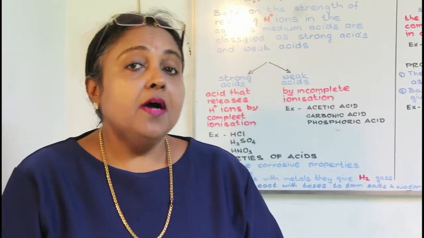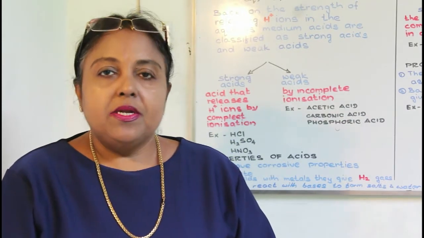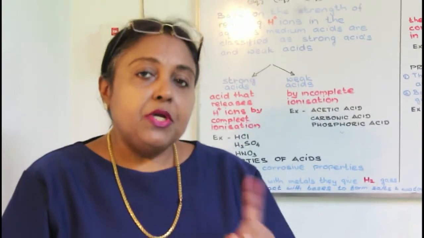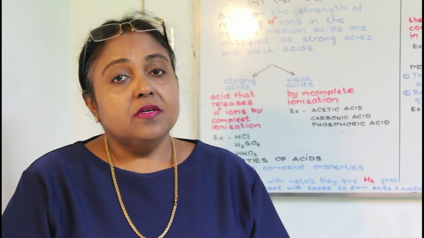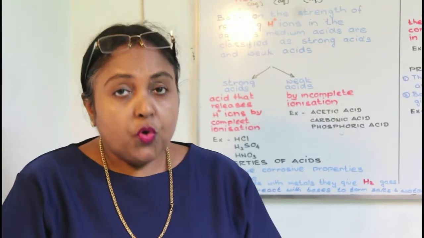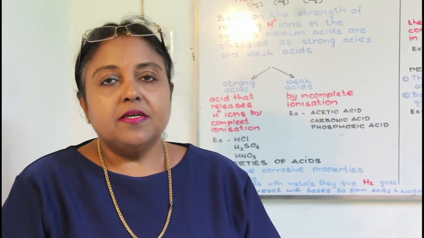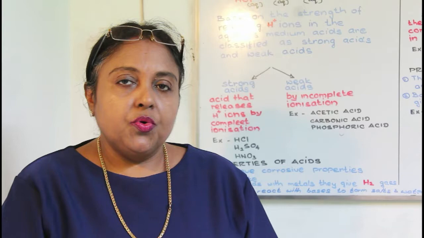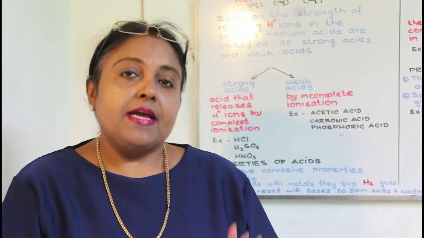As I told you, right, if pH value is 7, that means it's a neutral solution. If it is above 7, it belongs to bases. If it is below 7, it belongs to acids, right? The number 14, it gives the strong bases, and number 0, it gives strong acid.